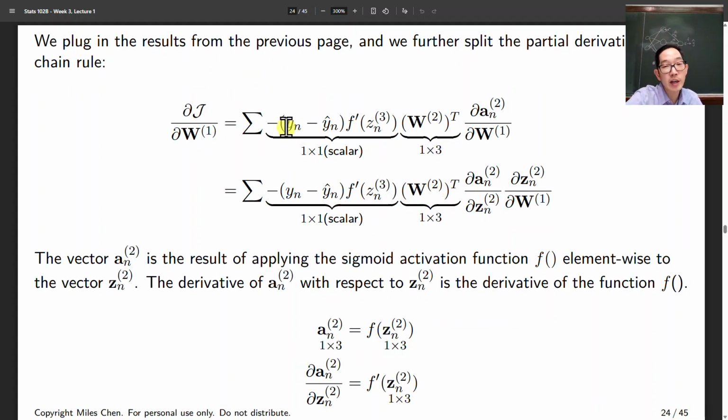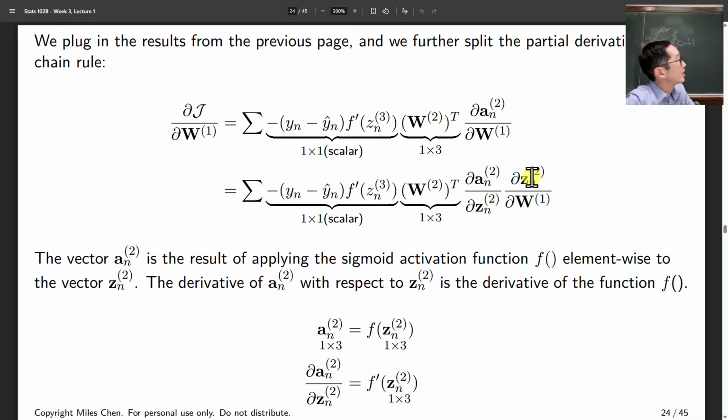So if we're looking at the nth observation, we have a scalar value here, a scalar value here. W2 transpose is going to be 1x3. And so this scalar value is going to get multiplied by all three values in W2 transpose, and we want to know how our activated values here change with respect to W1. Those activated values are the result of applying a function to Z, the Z values coming in here.